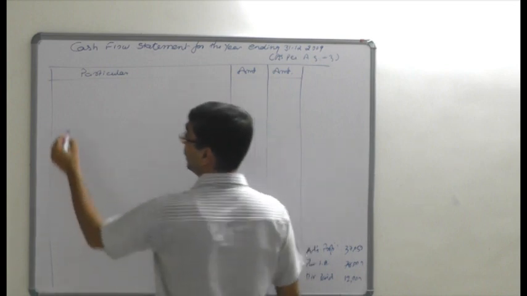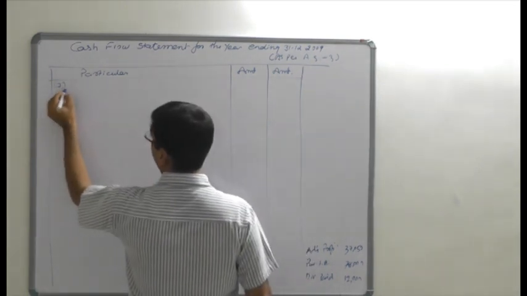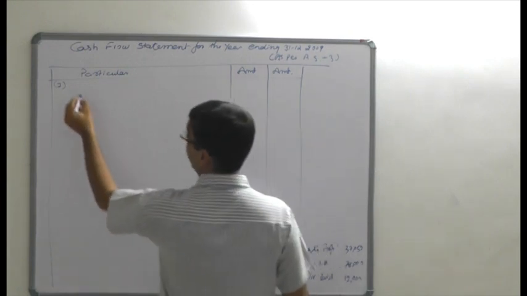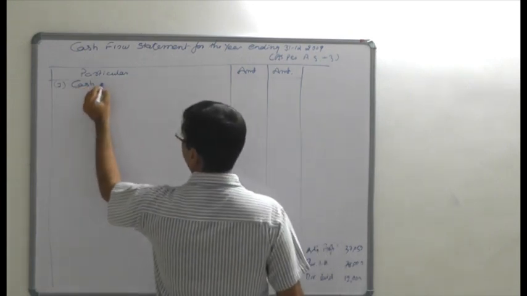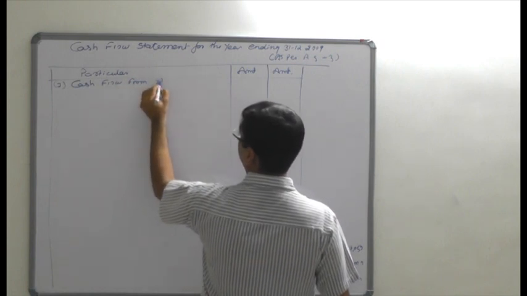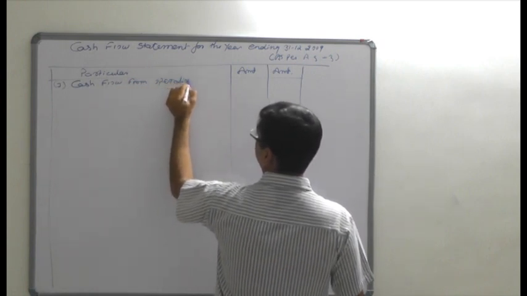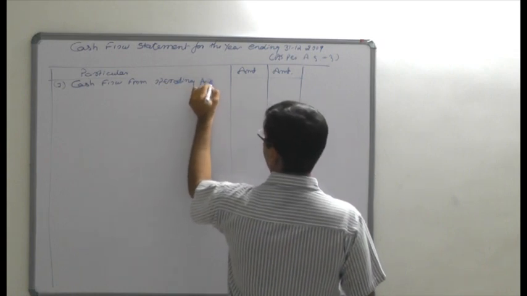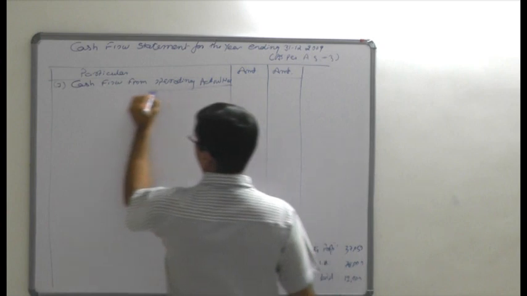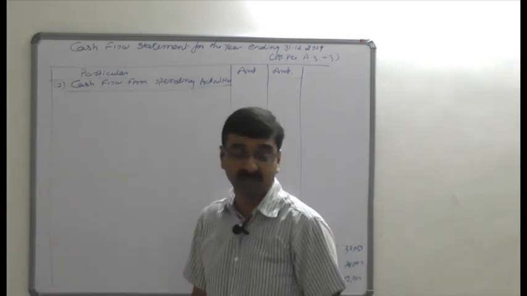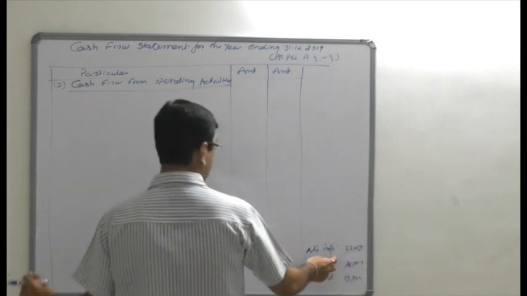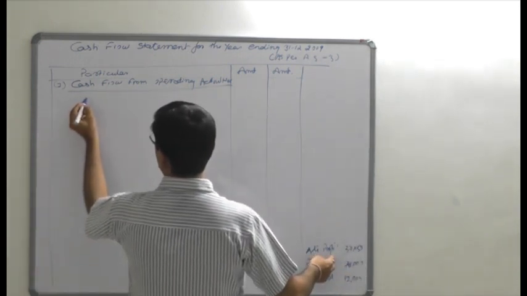So it begins with the first item, cash flow from operating activities, and under this the question begins with the adjusted profit, which we will find in the adjusted profit and loss account.